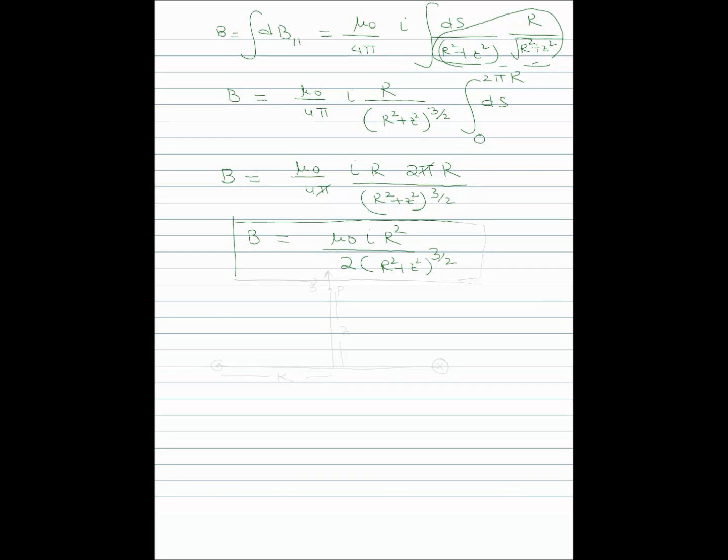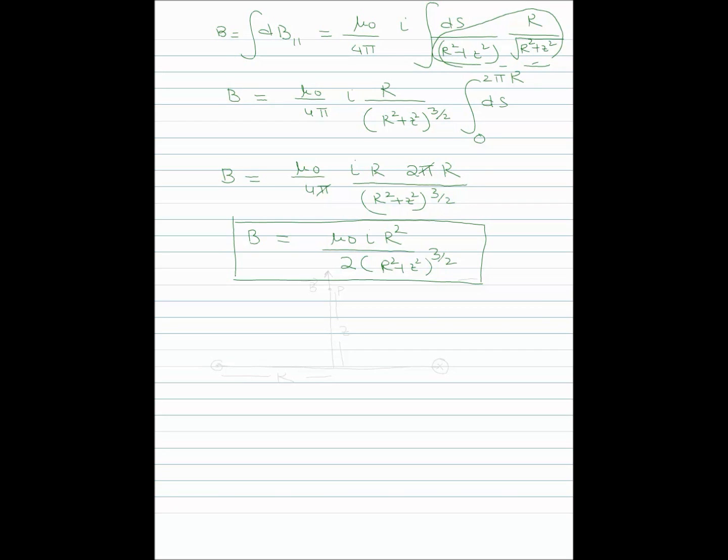This is the final answer for the magnitude of the magnetic field on the central axis of a current loop at a distance z from the plane. And I already told you the direction of the magnetic field will be basically along the axis of the loop.